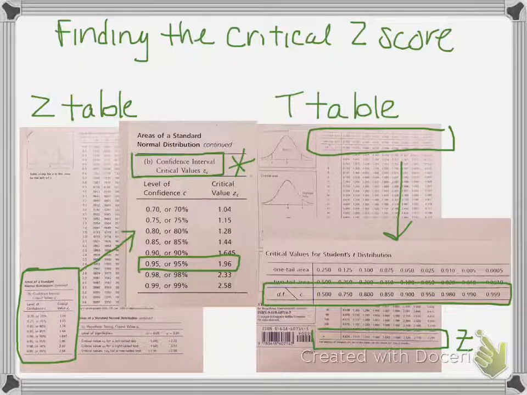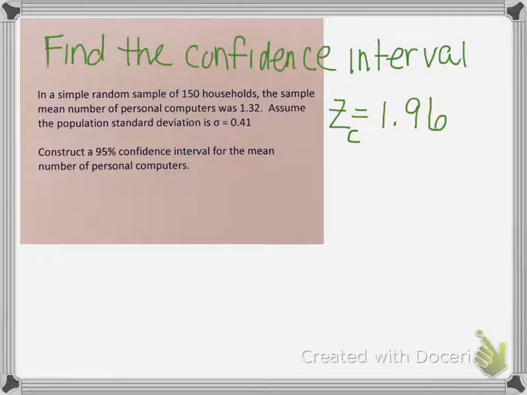Depending upon the table that you're using in class, you just need to look up your Z-score in whatever chart you need. So for our question, we know that our Z-score is 1.96.